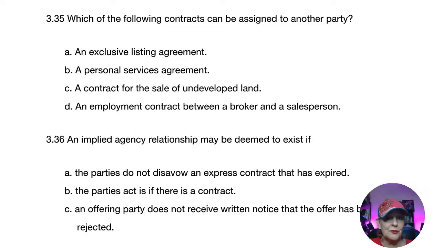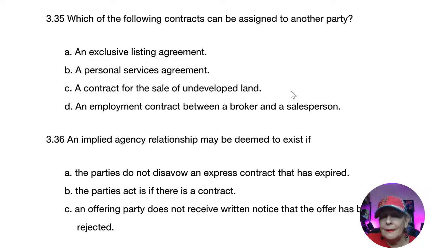So investors or wholesalers will do that. They'll tie up properties and they may already have a buyer. So they're kind of acting like a realtor, but they're not representing anybody. They are in the position of buying the piece of land and then they find a buyer and they assign it to the buyer. So the answer for 35 is C, a contract for the sale of undeveloped land.